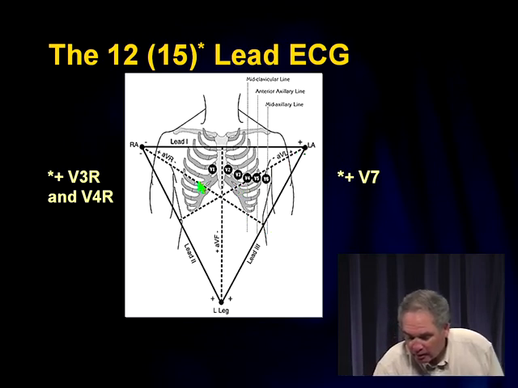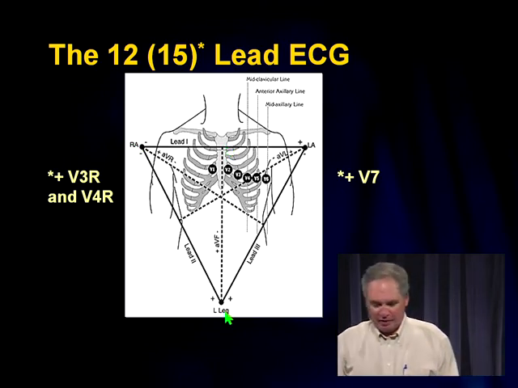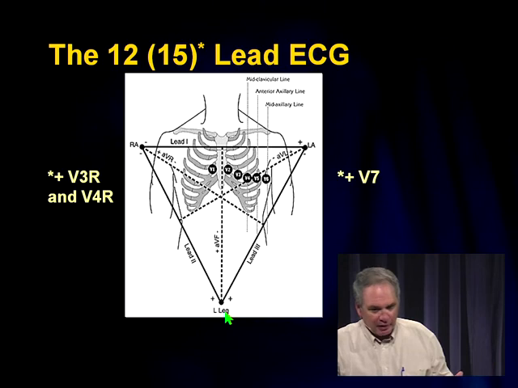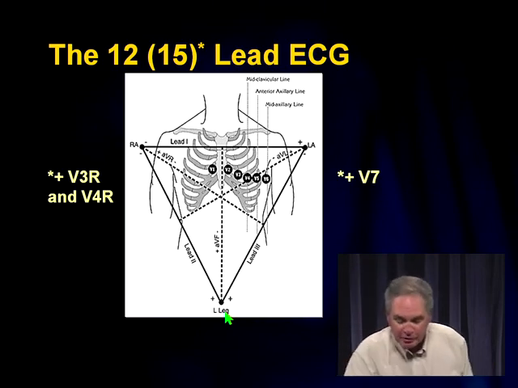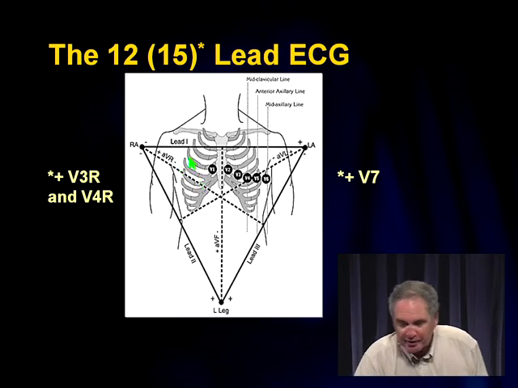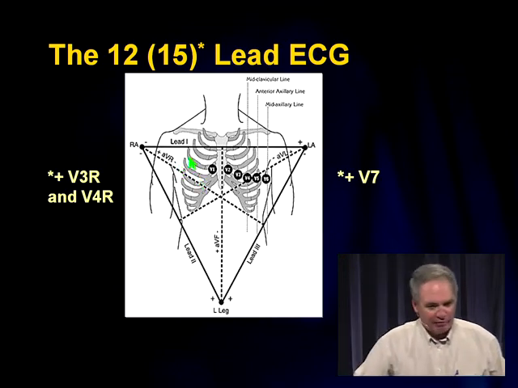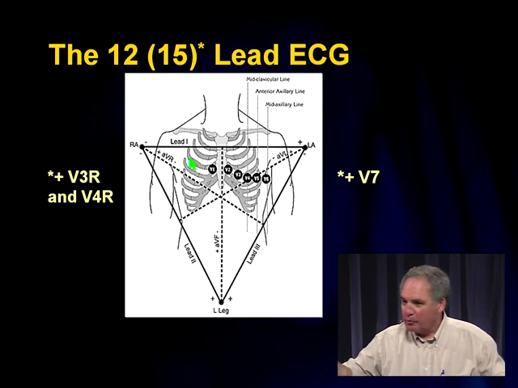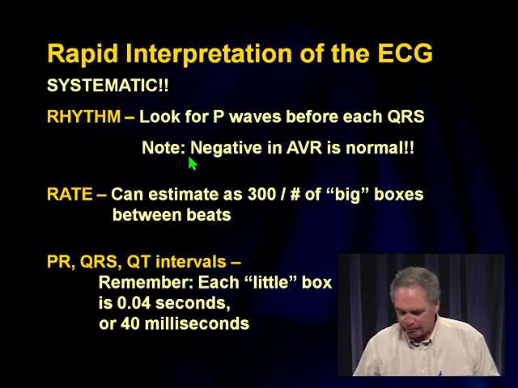AVR, a look in this direction to the right arm, and AVF, which gives us a look from up to down in terms of electrical activity. We now have the 12-lead electrocardiogram. In pediatrics, we sometimes put a couple of extra chest leads out towards the right here just to get an even better look at the right ventricle. Okay? Those are the basic leads. You've seen them before.